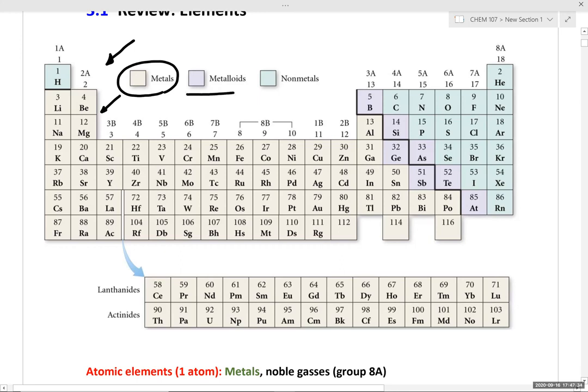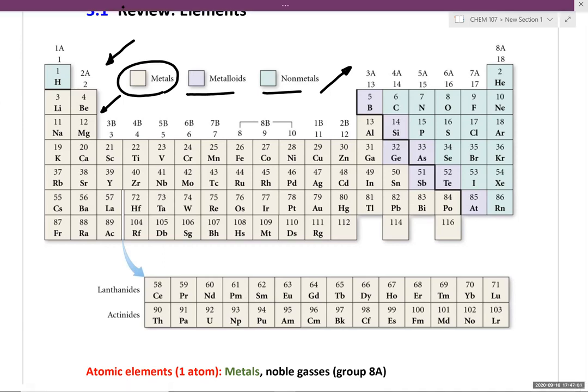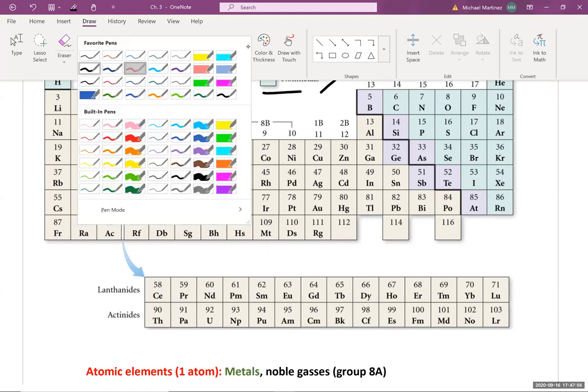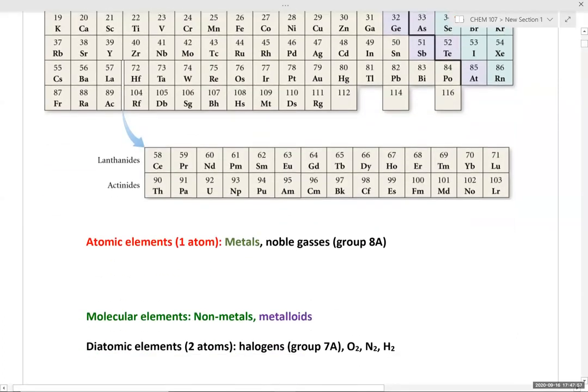The metalloids occupy the dividing line between the metals and nonmetals, and the nonmetals are primarily in the upper right-hand side of the periodic table. The reason I'm talking about metals, nonmetals, and metalloids right now is because it gives us the tools to begin to write out element formulas.